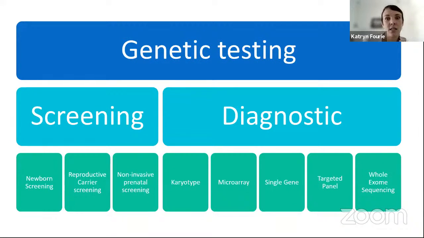Then this is an example of the types of testing that is done. I'm going to look at this in more detail in subsequent slides, but you can see that, again, for the screening, generally we have things like newborn screening, carrier screening, non-invasive prenatal screening, and the diagnostic side are your cytogenetic tests, molecular tests, and so on.